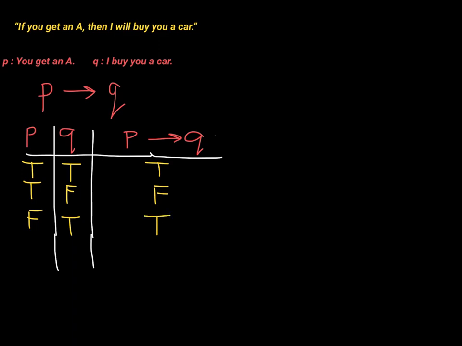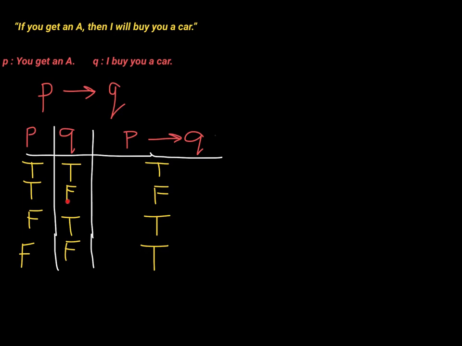And then the last case is false, false. Did I break my promise here? No, I didn't. You didn't get an A, and so I did not buy you a car. I never broke my promise, so this is true. The only case where I break my promise is when you did get an A and I did not buy you a car.